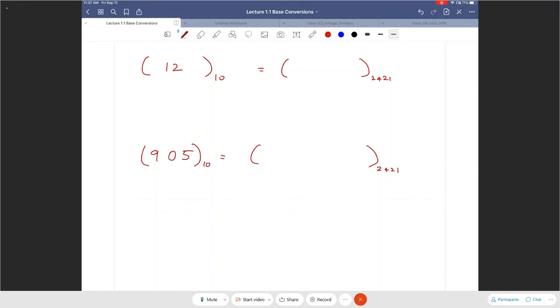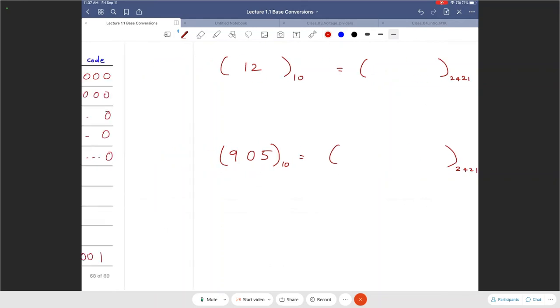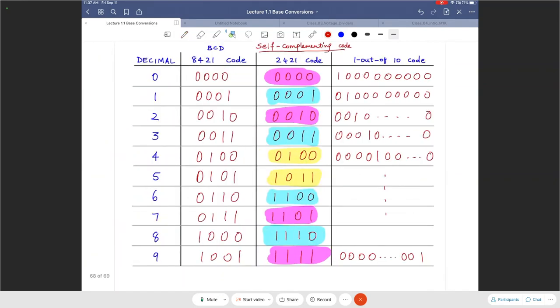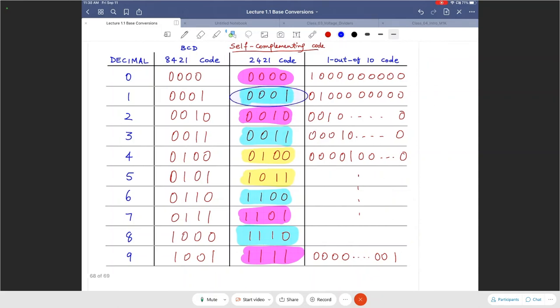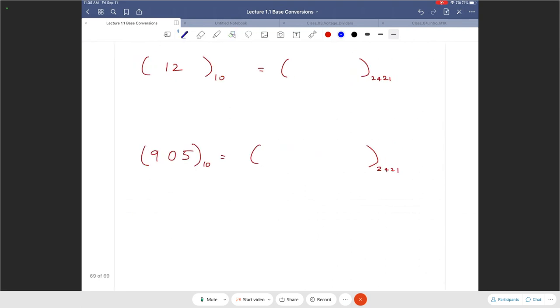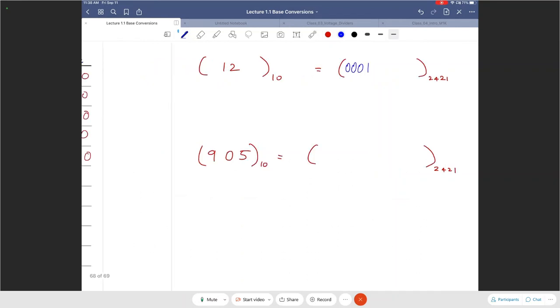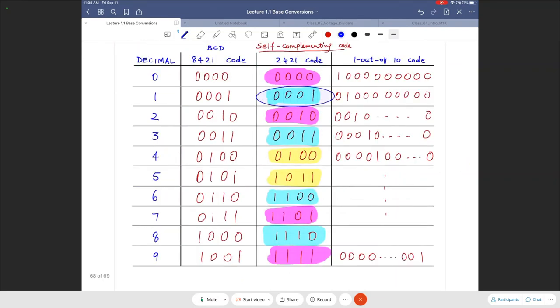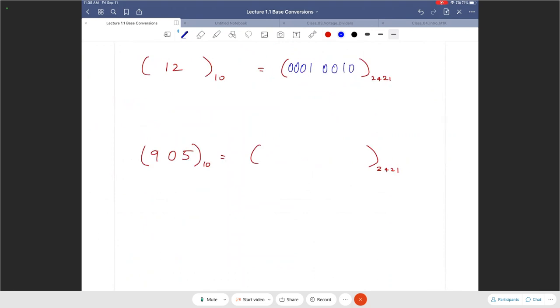What is the 2421 code for 1? 0, 0, 0, 1. Yes. How about 2? 0, 0, 1, 0. Done. You got it. Yes.